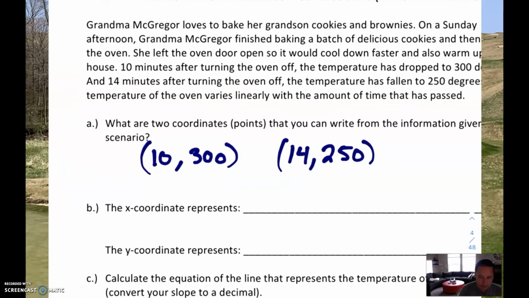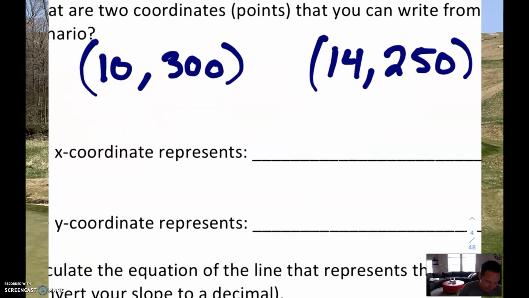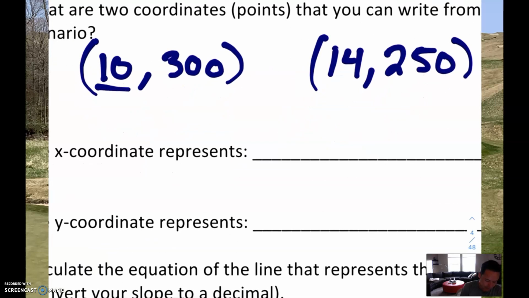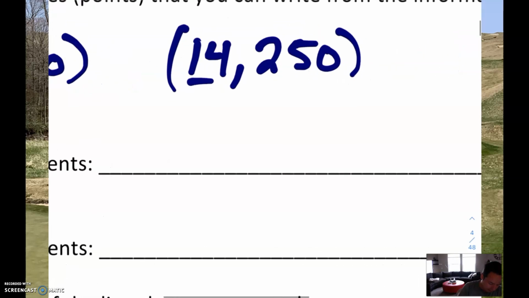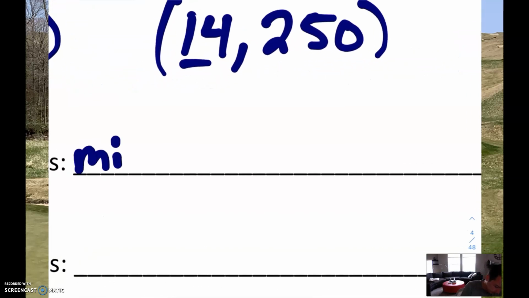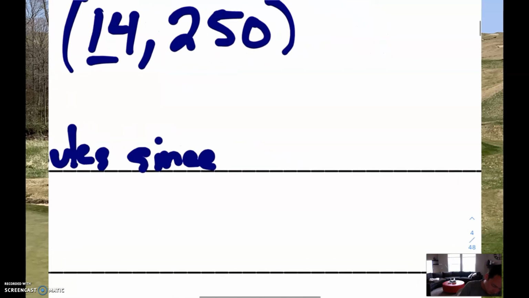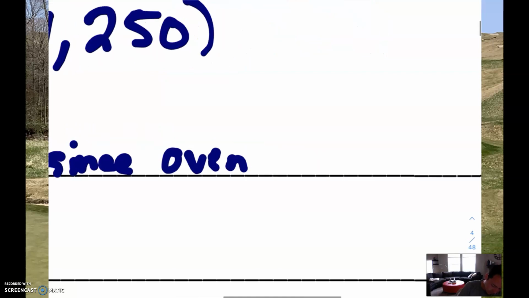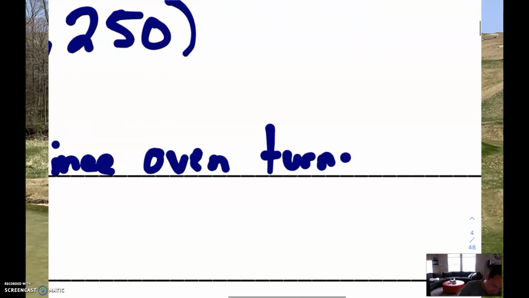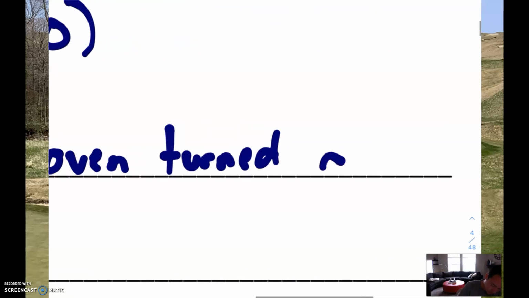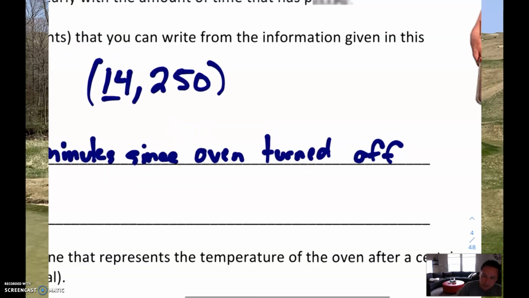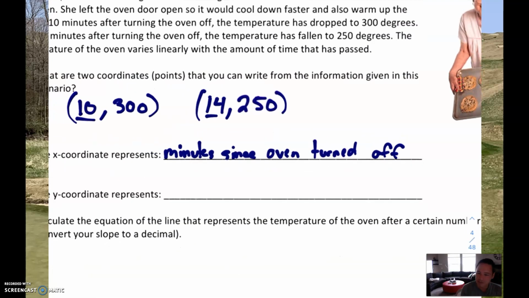Now we're going to do the ever so important step of defining our terms. So the x-coordinate, that's your first one, this 10 and 14, that represented the minutes since the oven was turned off. So she finishes baking the cookies and then she turns the oven off.